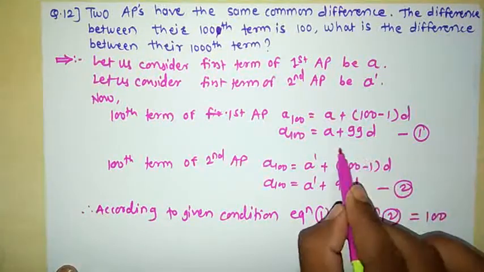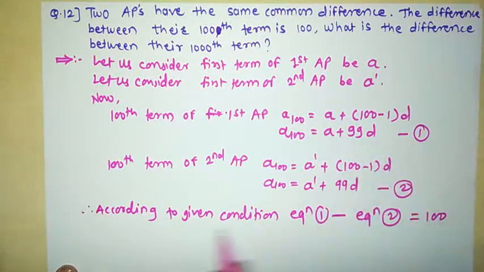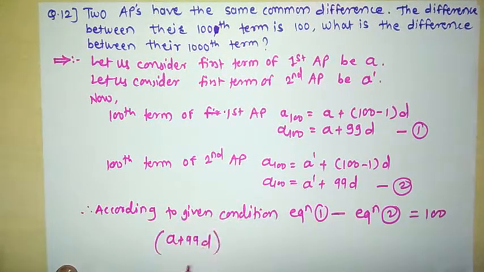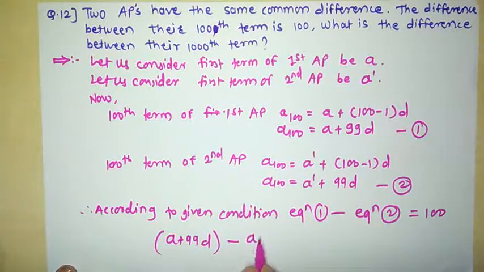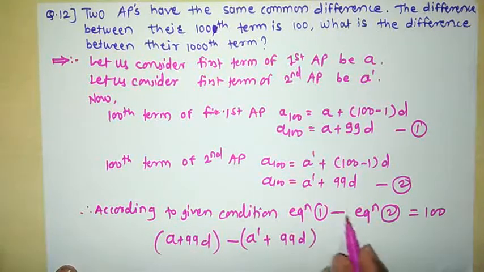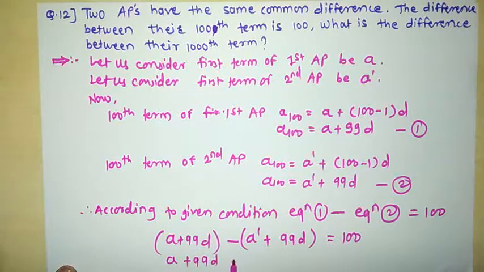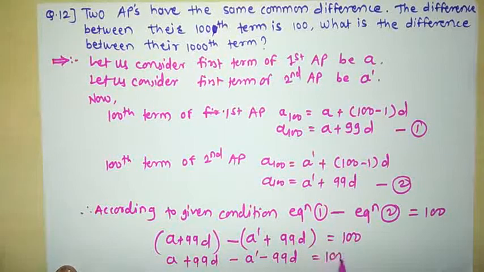Equation number 1 is A plus 99 into D, and equation number 2 is A dash plus 99 into D. Now open the bracket. A plus 99d minus A dash minus 99d is equal to 100.